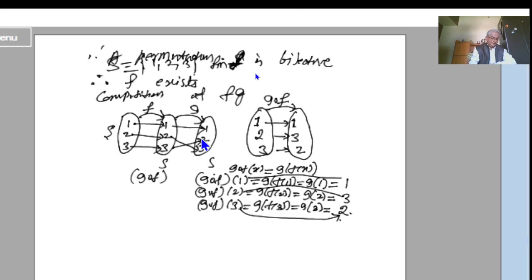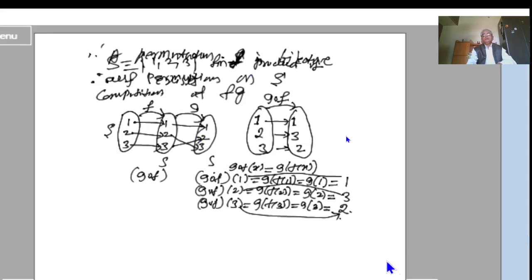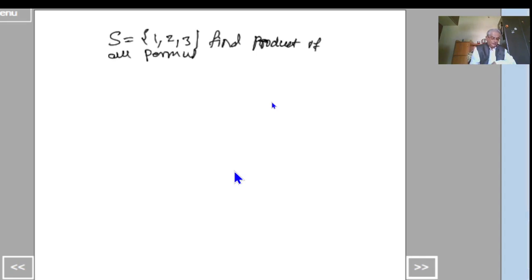Find the product of all permutations on S.